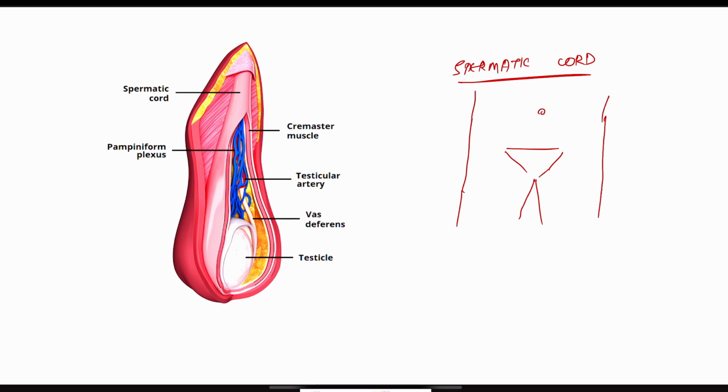If this is the abdomen and this is the inguinal area, from the deep inguinal ring to the superficial ring, and from the superficial ring it will reach the scrotum and supply the testis. So what does the spermatic cord contain? This is an image showing the spermatic cord.